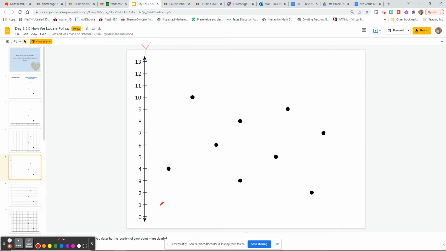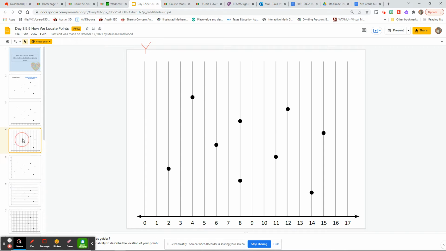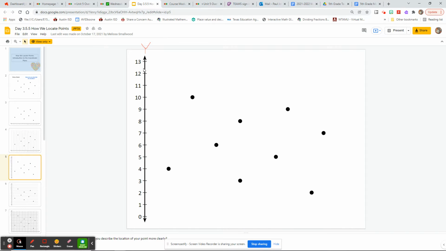So you might have used a little bit different of a description. For instance, on our last image we had 2 points on 8, but now when we look at this y-axis over here, we don't have an 8 anymore, right? So there's only 1 point on 8 now.